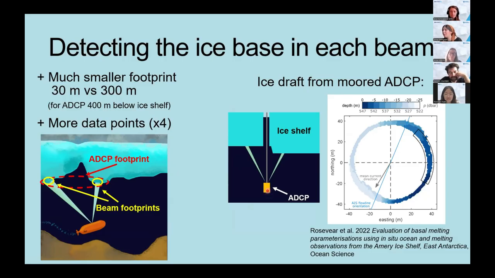It couldn't move around, but due to tidal currents, it would rotate. So therefore, the four beams would trace a circle on the ice base. And they actually saw here that the shape of the ice base had quite a step, more or less, basically, with a 20-meter height difference in ice draft over 40 meters.